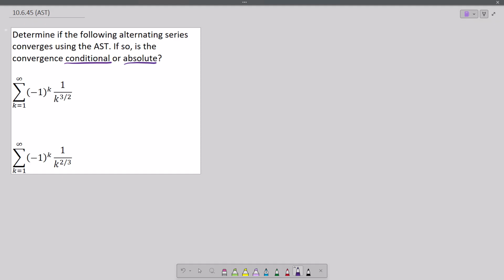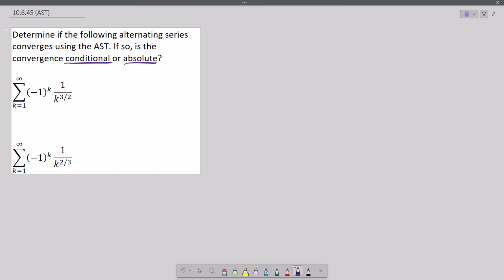When you think alternating series test, there's two things: the terms decrease, and the limit is 0. We did it in the opposite order. We said, take the limit first, because who cares what happens to the subsequent terms? If the limit's not 0, you know it diverges. That's the divergence test.